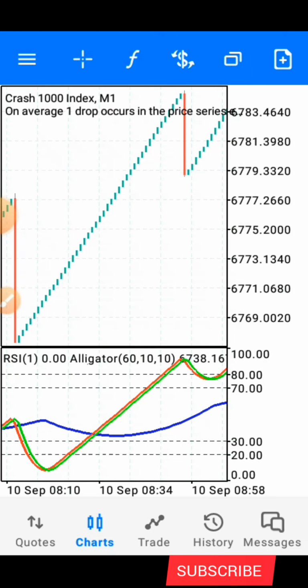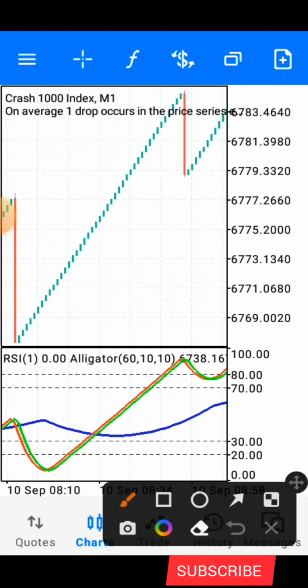The first thing you should do with this strategy is to allow the red and green indicator to get to the overbought level here, which is your 20 and 30 level. Once you see that price is between this zone or below it, you get ready for the sell.